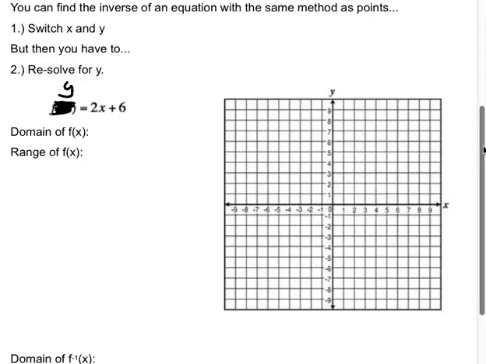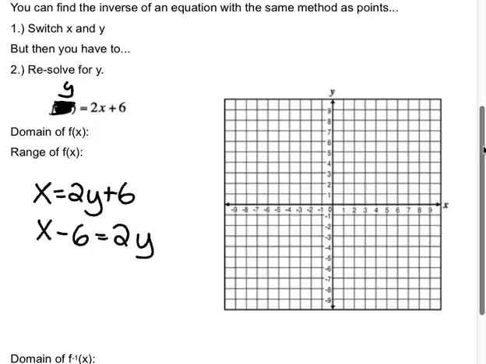So to start finding the inverse, the first thing, swap x and y. And now I'm going to resolve this for y. So that means I have to subtract the 6 over, and I have to divide by 2.